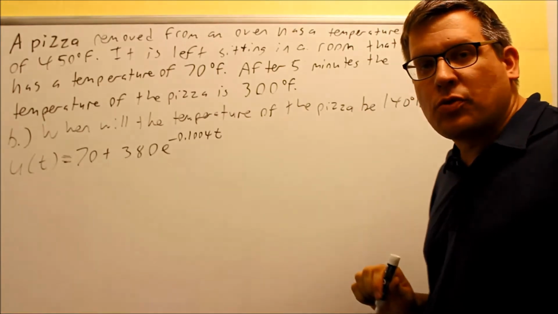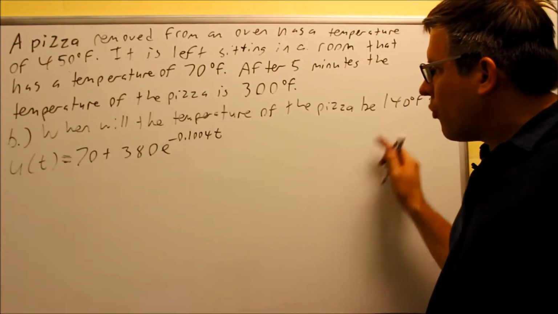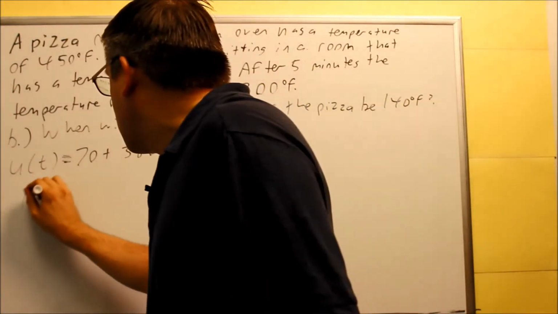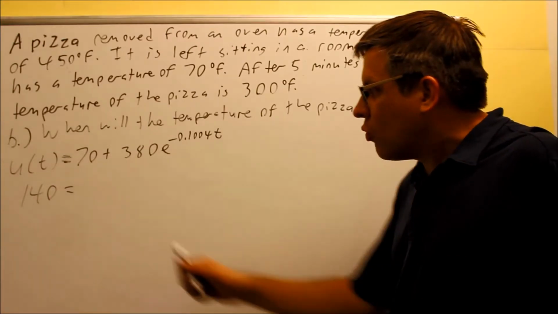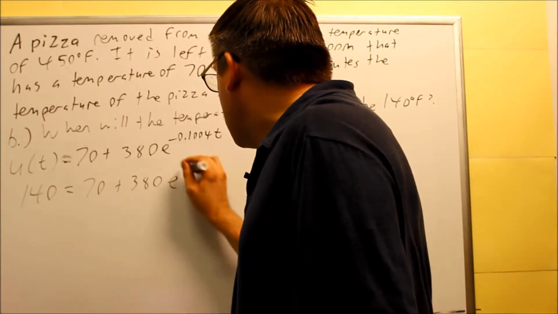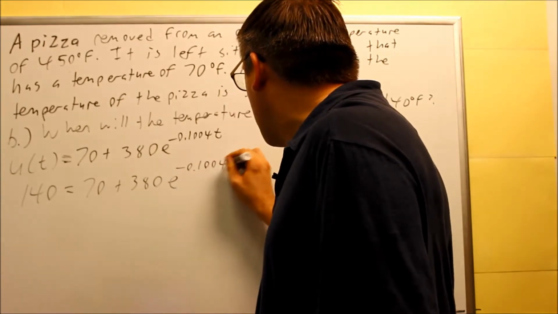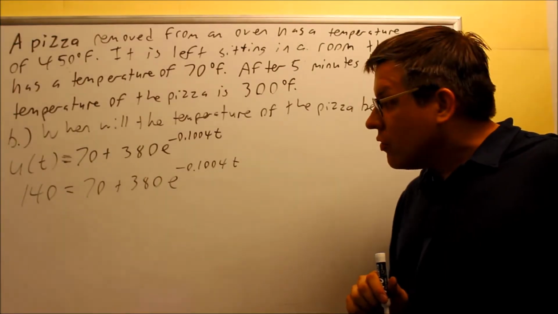We're going to use it for this particular problem. If the temperature is cooled down to 140, that's what goes in after the equal sign, so that's going to go in for u of t. That's 140. And then I have everything else, 70 plus 380 e to negative 0.1004t. Everything else is going to be the same. We're just putting in 140 for the u of t.